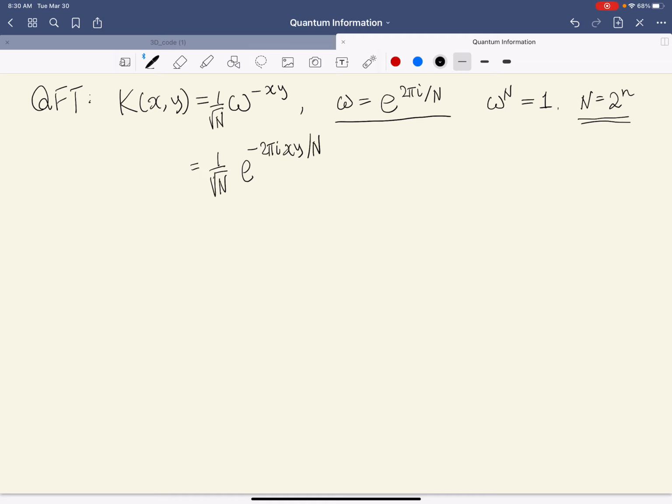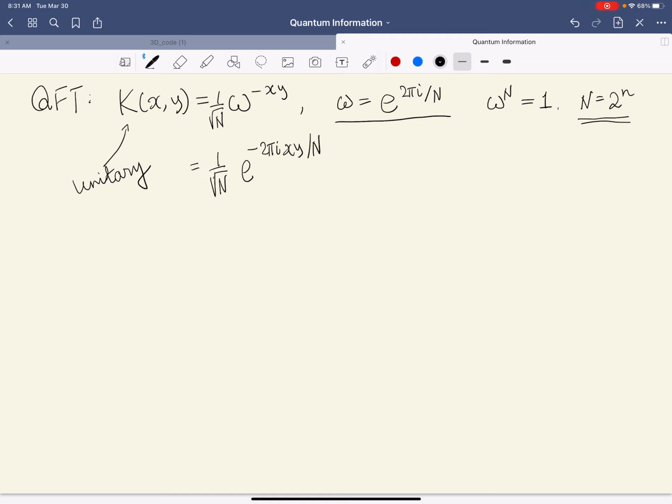Okay, so is this really unitary? Because I mentioned that we will only take interest in the sort of quantum integral transforms that are conducted by a unitary matrix serving as the kernel.